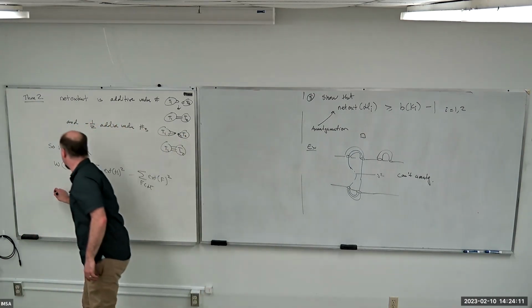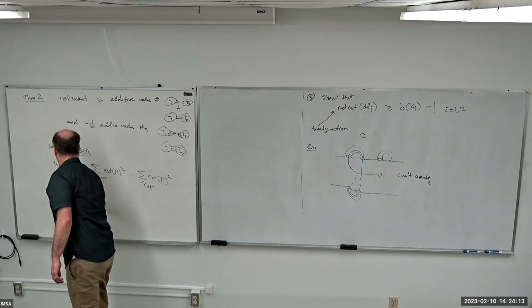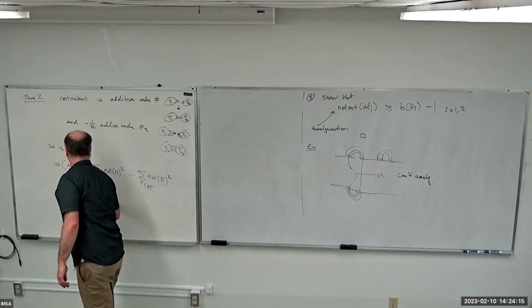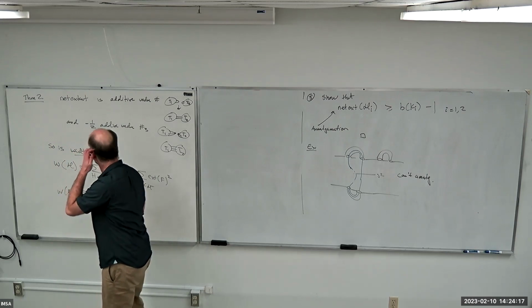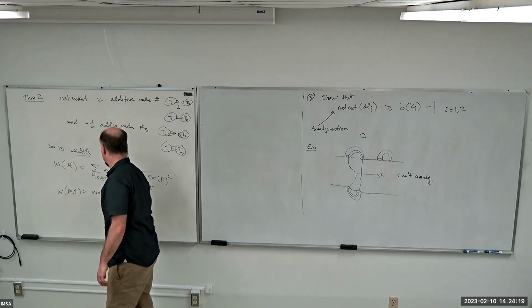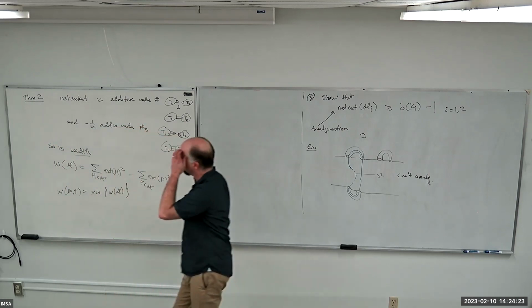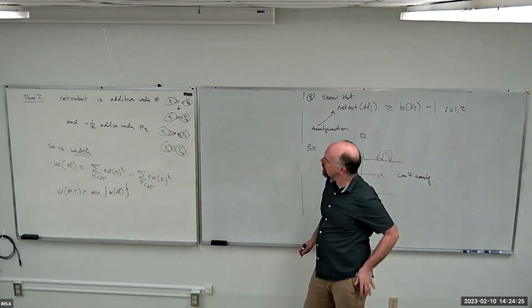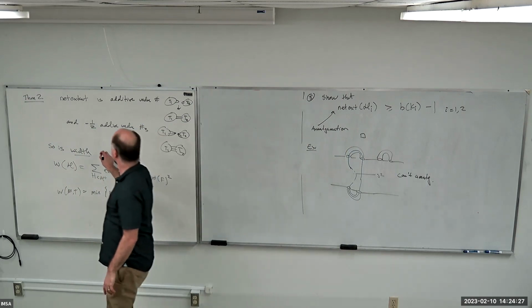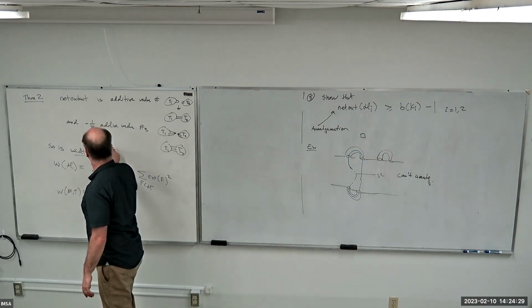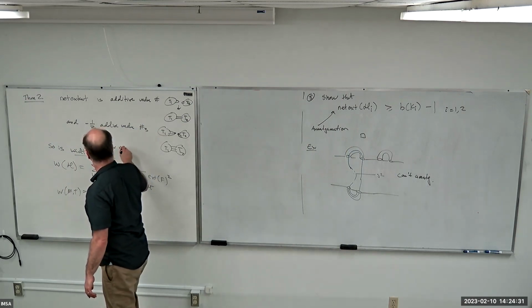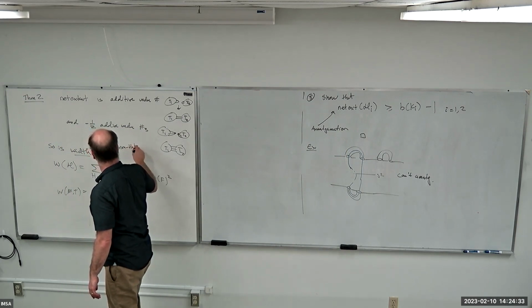And the width of MT is the minimum over all the widths. This works for non-Haken.